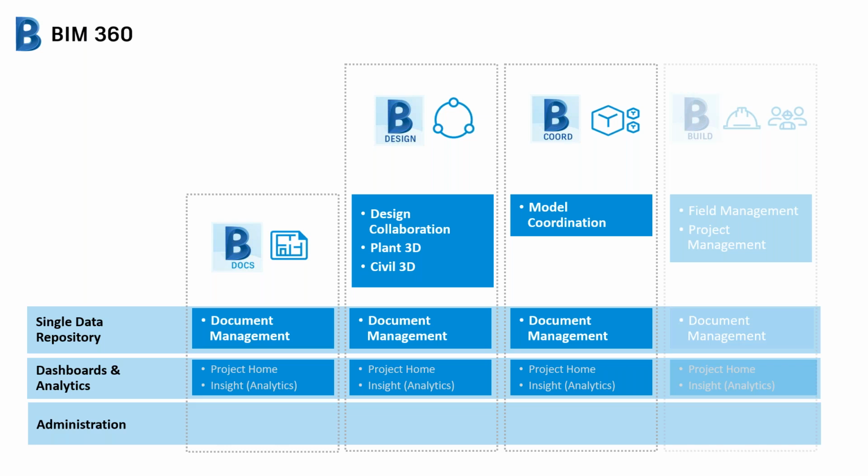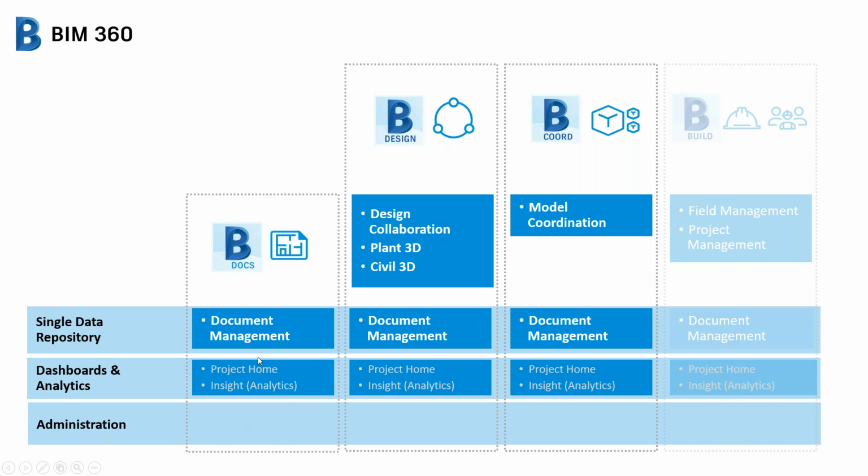Don't hesitate to ask. As I was talking about before, the document management module is the single or central data repository, which sits across all the BIM 360 services with the back end of the project home and insights analysis that happens on all BIM 360 projects.